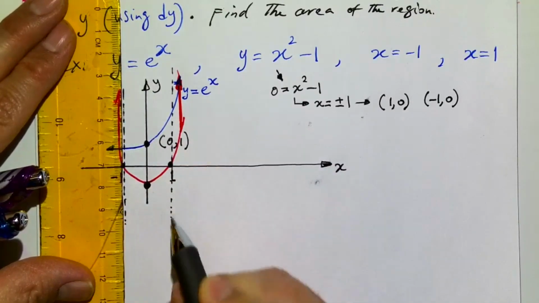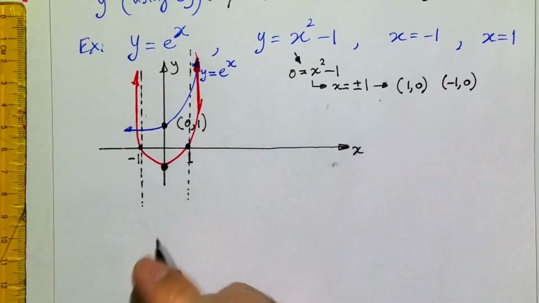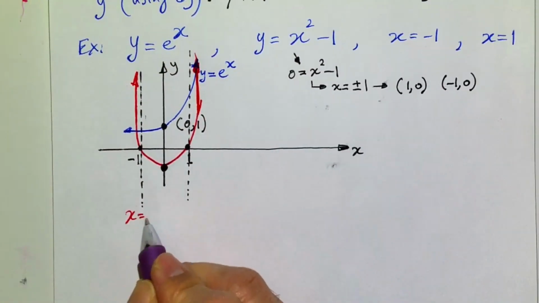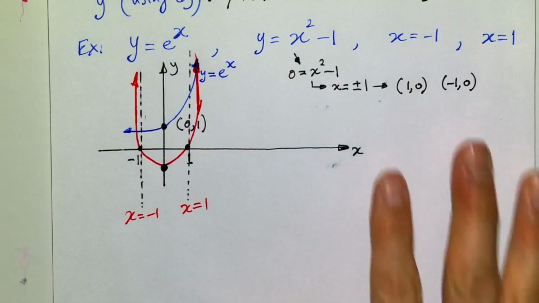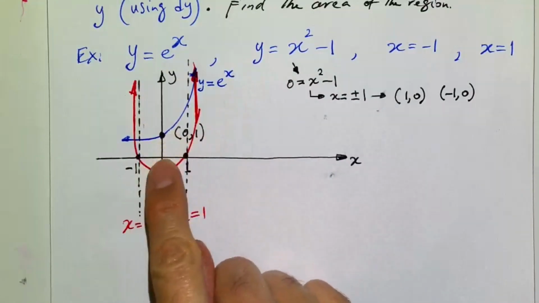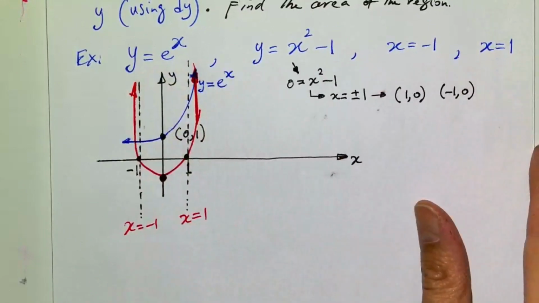Like that. So this vertical line is simply x equals -1, and this one is x equals 1, right? And of course, the area we're looking to calculate is between all these functions.